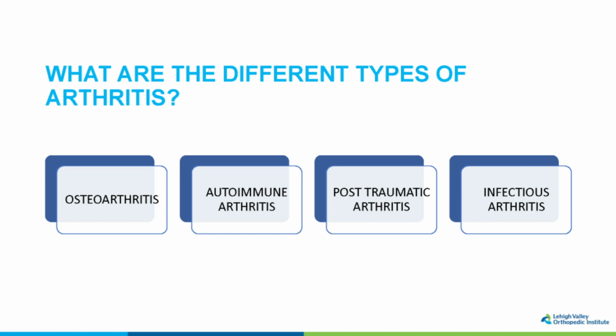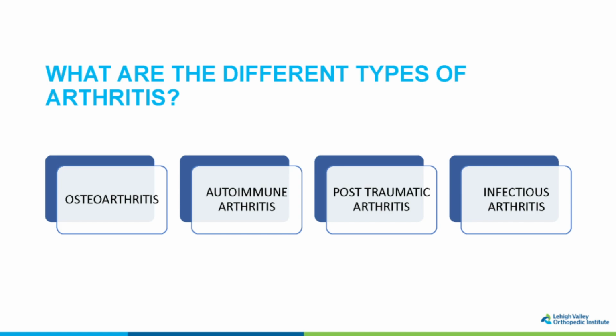Post-traumatic arthritis is exactly how it sounds. Any type of injury or fracture that you may have had around a joint causes that articular surface to wear away over time. And then there's infectious arthritis, or what we call septic arthritis. That's a more rare type of arthritis that we see from time to time, but the infection starts to eat away at the articular cartilage, leading to arthritis at the joint level.